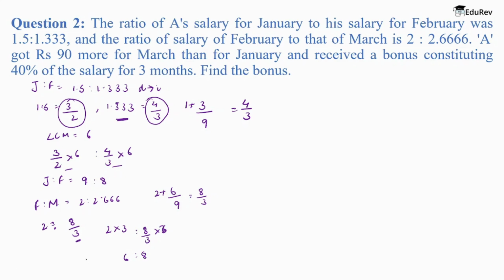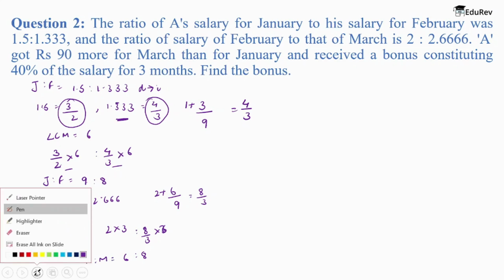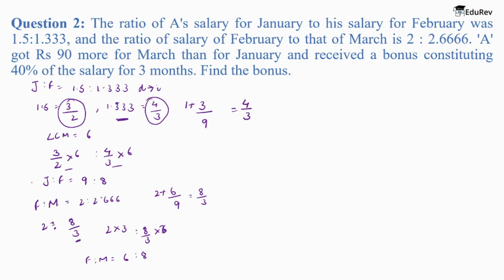So February is to March is equal to 6 is to 8. You can see here that January is to February is 9 is to 8 and February is to March is 6 is to 8. What we have done till now is just convert the decimal values to integers.